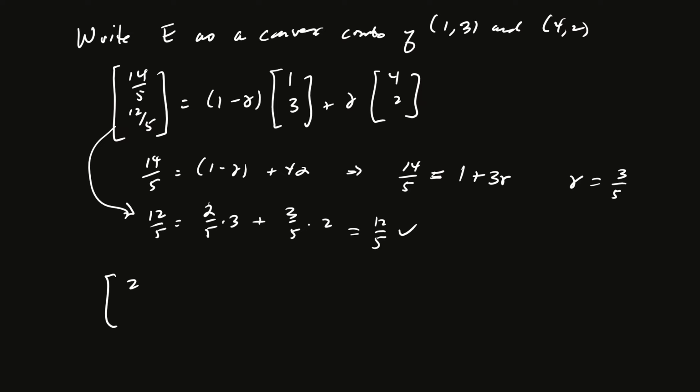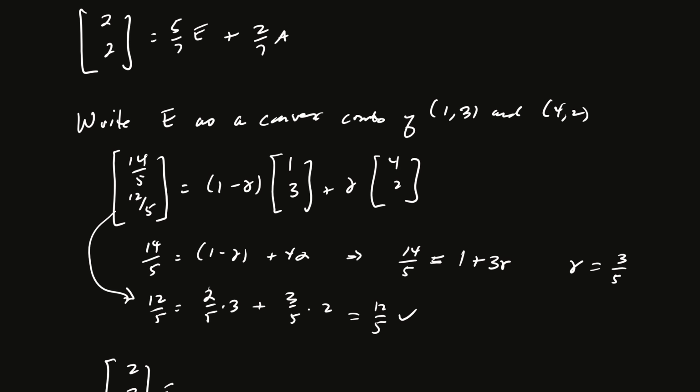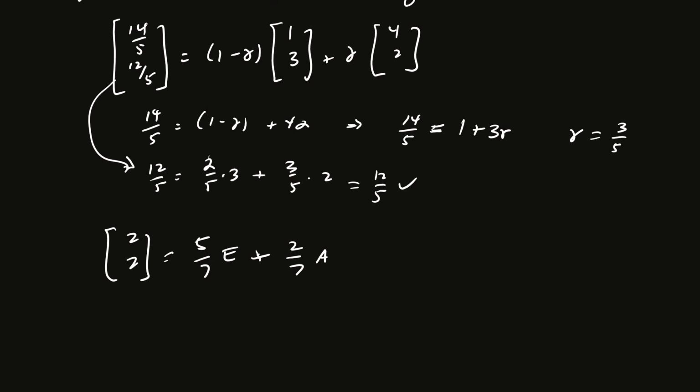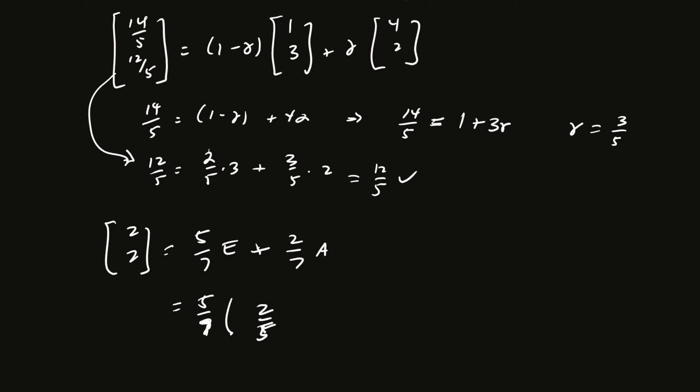So now we've got, let's rewrite that from the top here, 2 is equal to 5/7 times E plus 2/7 times A, and then E itself was 2/5 times B plus 3/5 times, what was 4, 2? 4, 2 is C. And then plus 2/7 times A. Good.